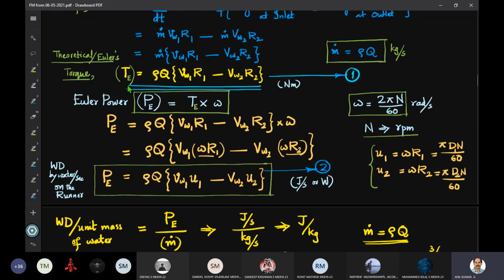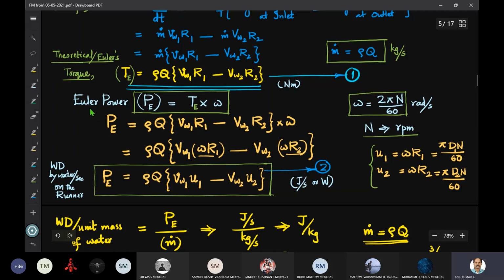So in all turbo machineries you can make use of this expression. But one thing to be noted: the torque developed in the case of power producing devices is rho Q into (Vw1 R1 minus Vw2 R2). So we proceed from inlet to the outlet.